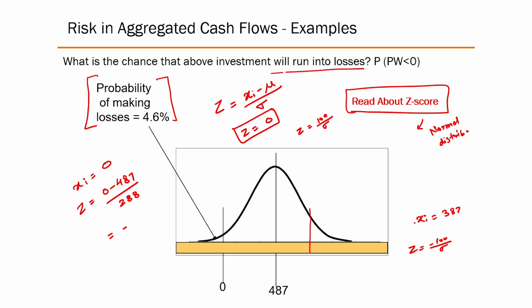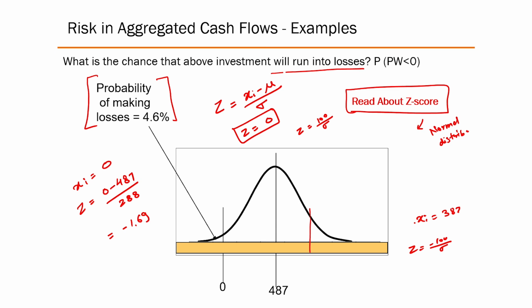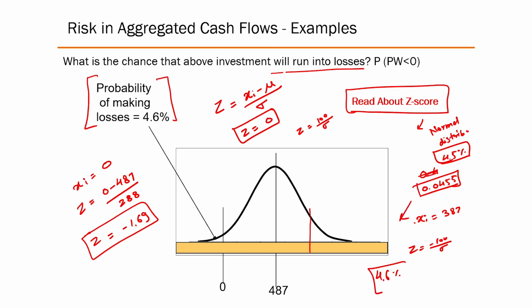What is this value? 1.69. 0.0455. So about 4.5% chance, or if you round it off, 4.6% chance that this curve will give you less than 0. Got it?